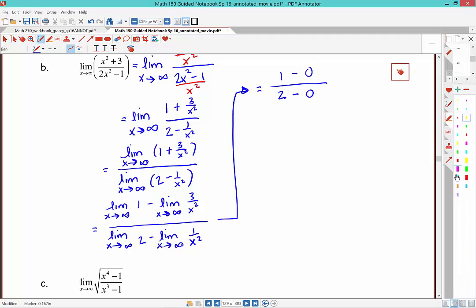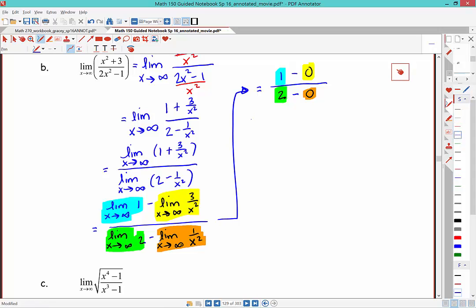So let's match those up. This limit here was this. This limit here was this. This limit yielded the 2. And then this limit here yielded the 0.